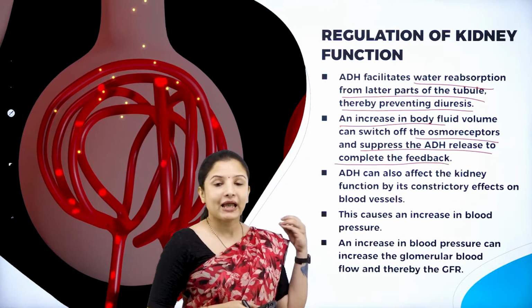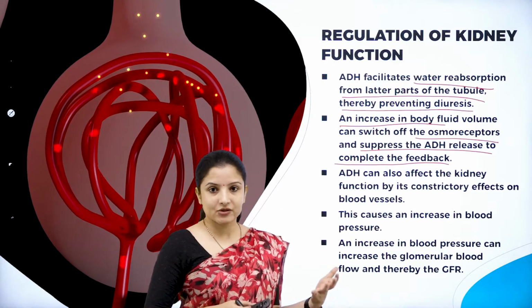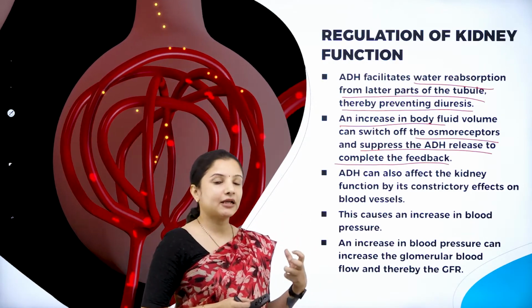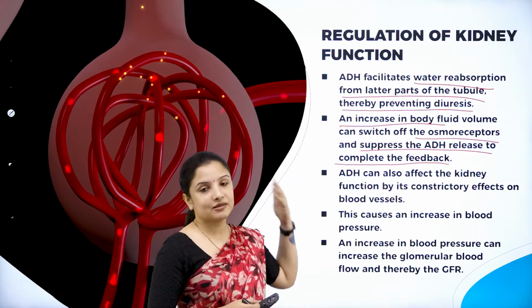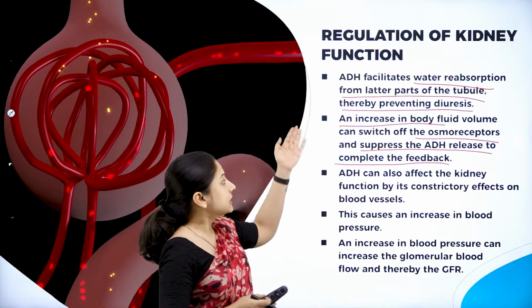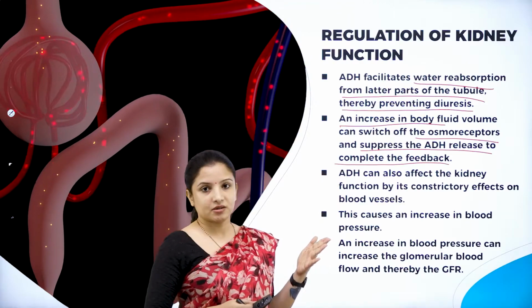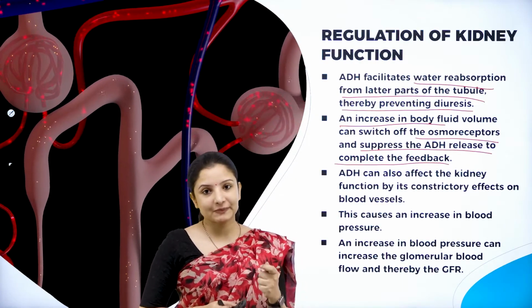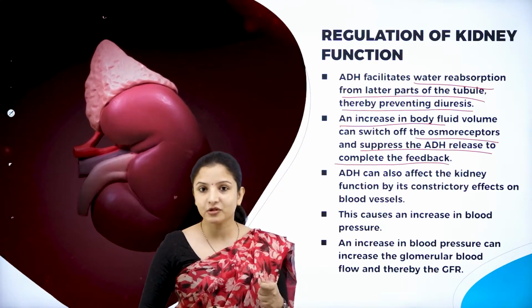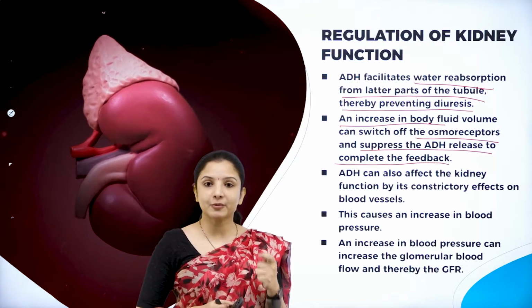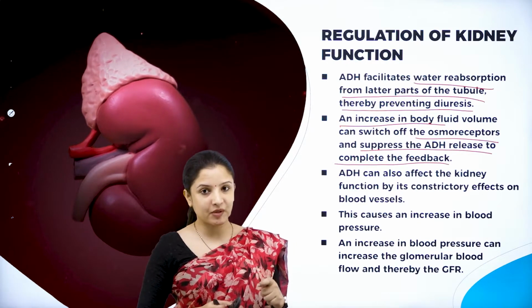Now here, every time we don't urinate, right? So at that time, sometimes, what happens? An increase in the body fluid volume will switch off the osmoreceptors, because when will the osmoreceptors get switched on? Where are the osmoreceptors present? They are present in the hypothalamus part of the brain.